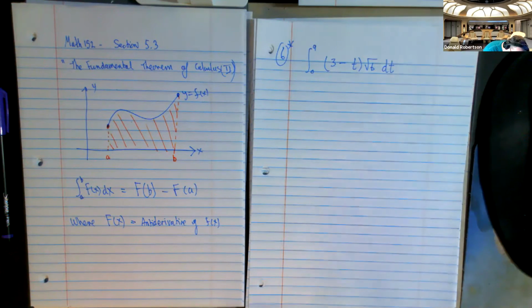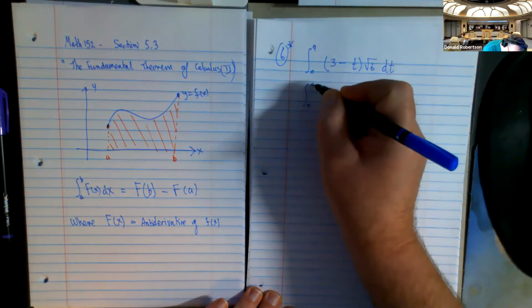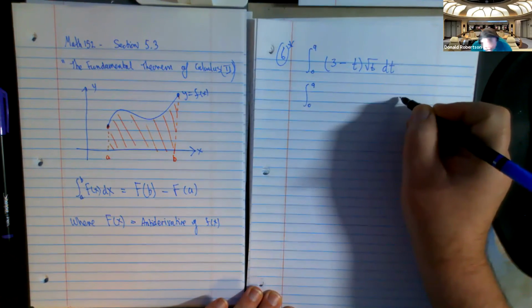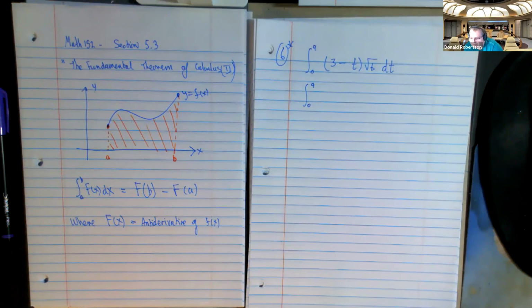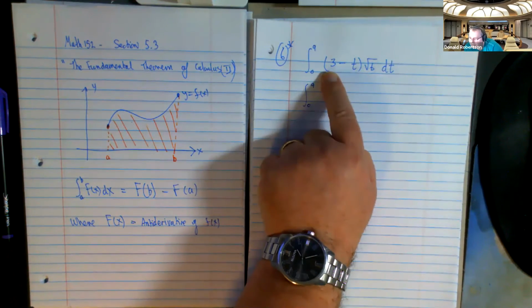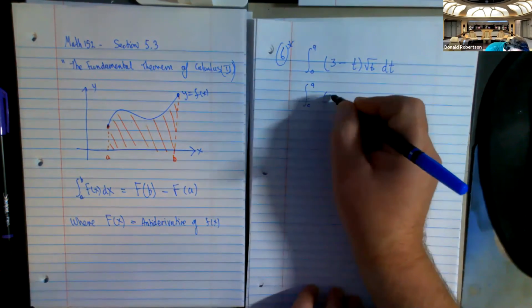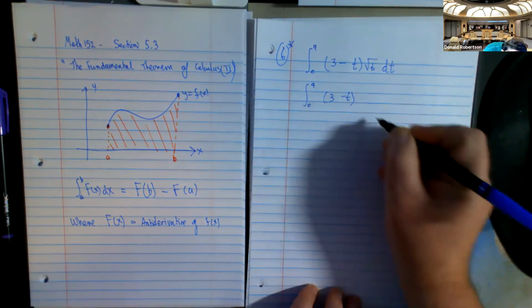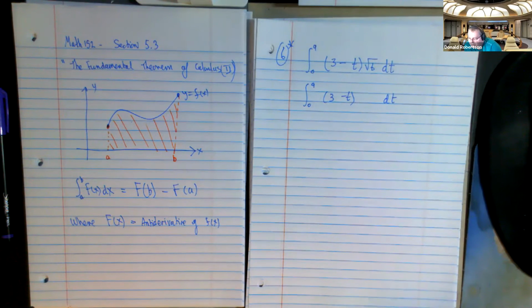So it's not really ready to be turned into an antiderivative yet, right? There's a square root floating about, and it's a square root times something. That's not good either. What do you think I'm going to do with the square root of t as a kind of starting point to this process?